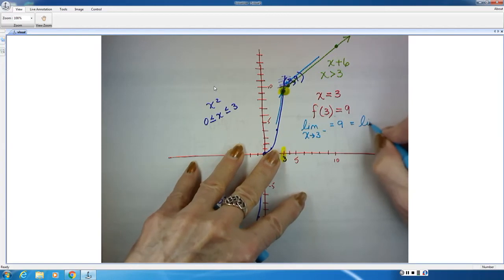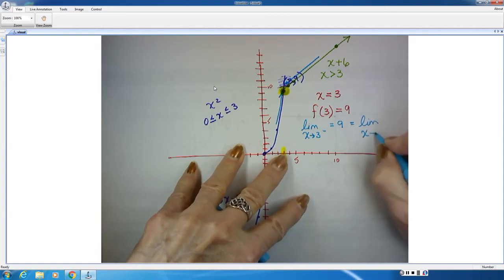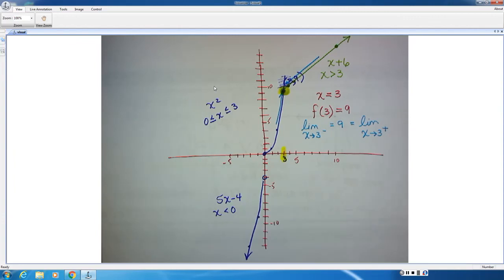She's showing the limit, so. And since this 9 is equal to that 9, it is continuous at x equals 3. F of 3 is defined. The limit approaching 3 from the left is equal to the limit of approaching 3 from the right, and that's equal to f of 3, which is 9.